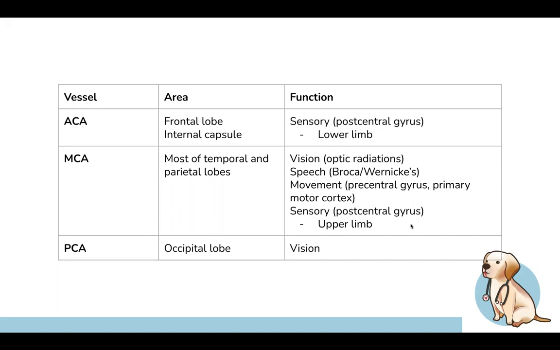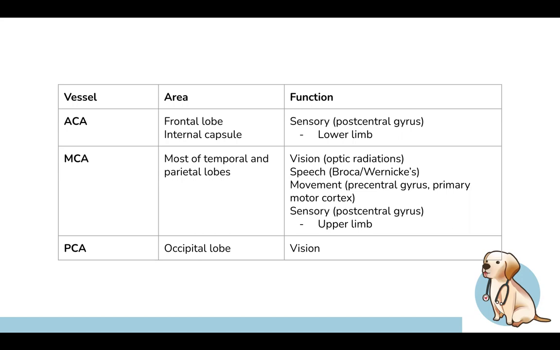But if it happens to the MCA, suddenly you lose the entire rest of your homunculus and you can't feel your upper limb. It may affect your face, your torso, every other part of your body, because that is the distribution of the homunculus. Other things that may happen if you have an MCA stroke, because it does supply most of your temporal and parietal lobes, is you can have changes in vision because your optic radiations go to those lobes.